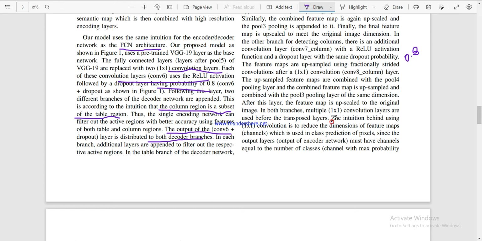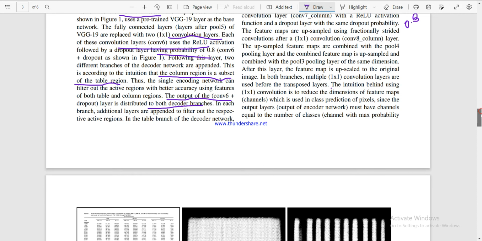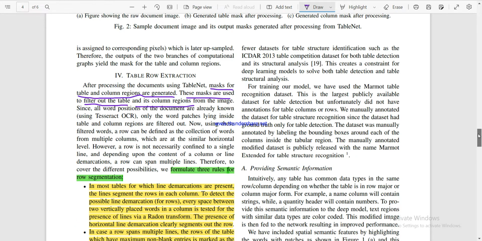The intuition behind using 1-into-1 convolution is to reduce the dimension of the feature maps, which is used in class prediction of pixels, since the output of the network must have channels equal to the number of classes, that is, the channel with max probability.